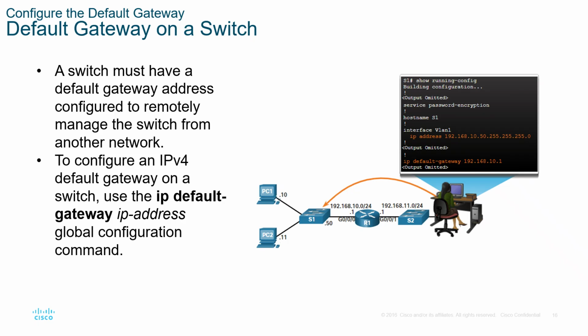So when you go into interface VLAN 1, it acts just like any other interface. You need the IP address and the subnet mask as you see here. Within the command of ip default-gateway, you do not use a subnet mask. You only use the IP address of the default gateway, which we should see is definitely that router's interface.